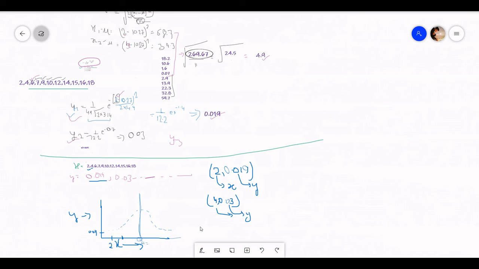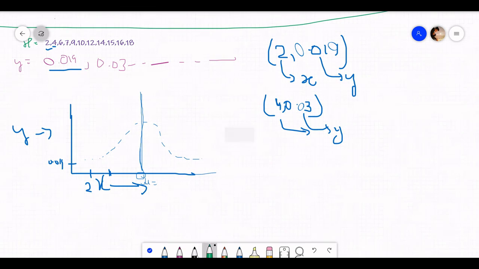So if our mean is lying in the middle of this curve, we can say that we are getting our normal distribution curve.